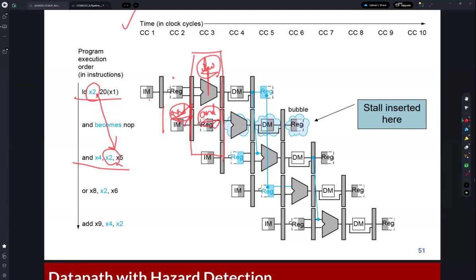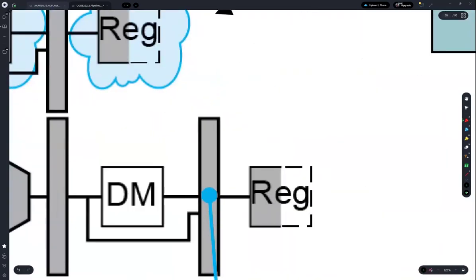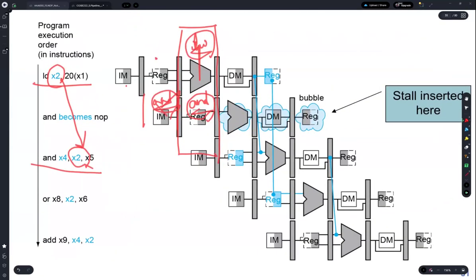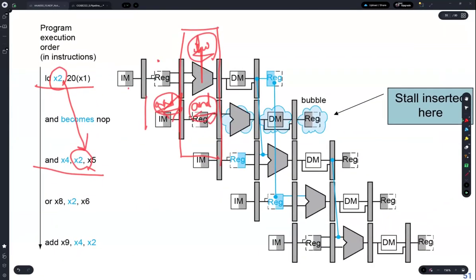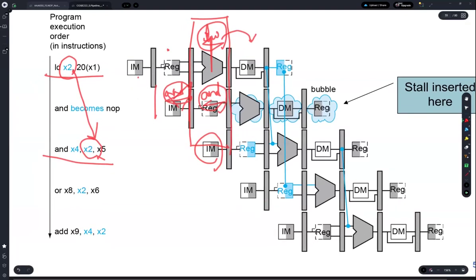When this data hazard is detected, the add instruction stays in the ID stage, but the load instruction is propagated to the memory stage, right? Then in the EX stage, we need to generate the NOP. It is represented as a bubble, right? It's NOP.